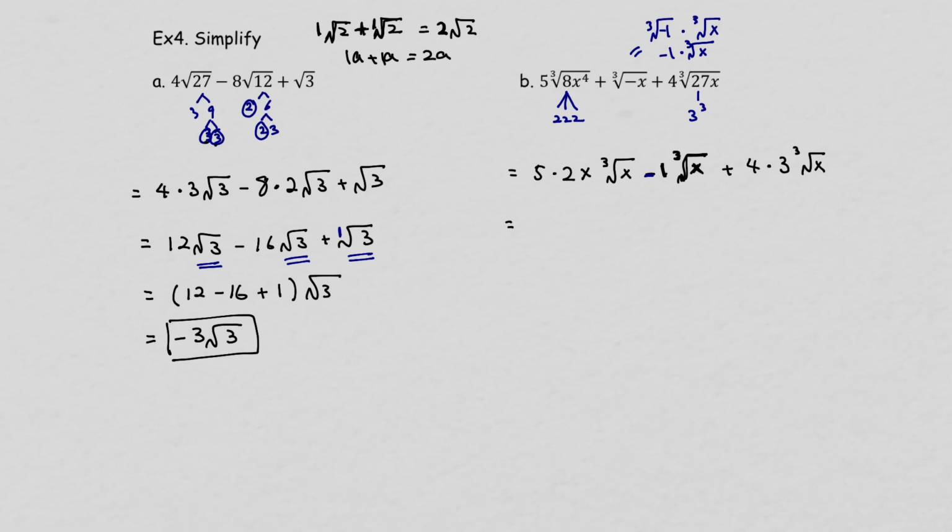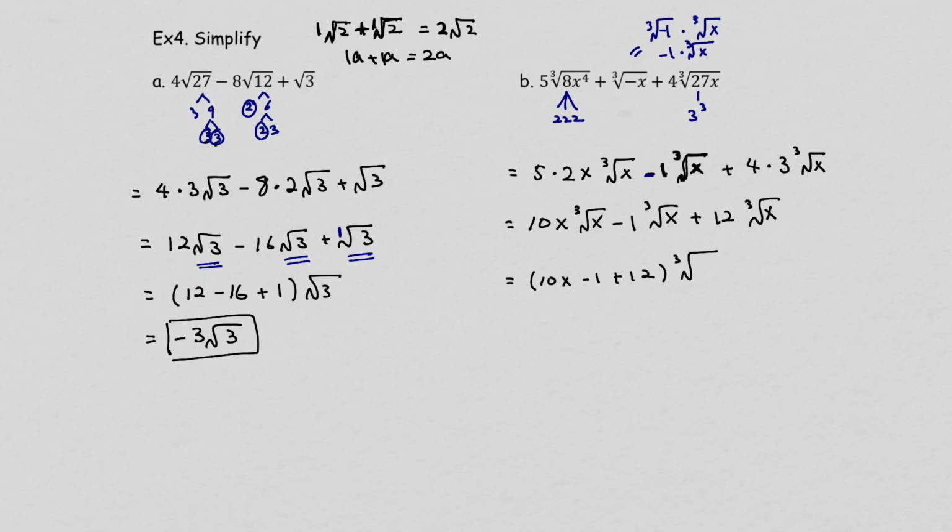When we do the multiplication, it becomes 10x cube root of x minus 1 cube root of x plus 12 cube root of x. Same term, so we could do 10x minus 1 plus 12.